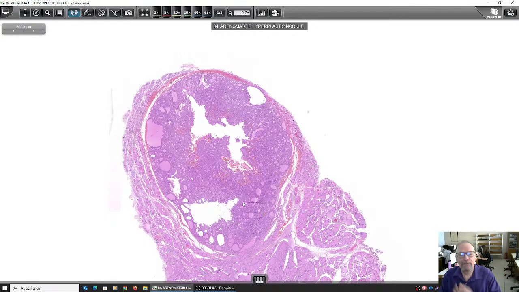So, if we have just a single nodule in the thyroid composed of microfollicles or bigger follicles with no signs of nuclear features of papillary carcinoma, it's of vital importance to exclude a diagnosis of papillary carcinoma. And we do not see a true capsule. This is an adenomatoid nodule.